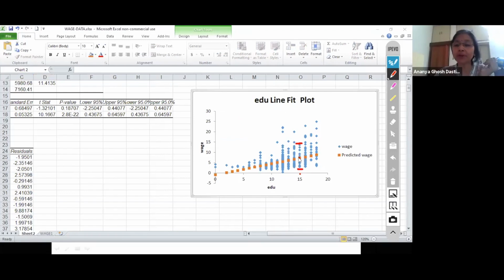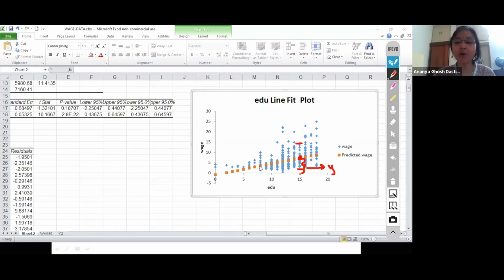But my model is telling me that on average, remember, the model is all about the expected value of y, such a person is going to earn some income like this. So this particular point, which I've circled in red, and this whole line, is nothing but your y hat.